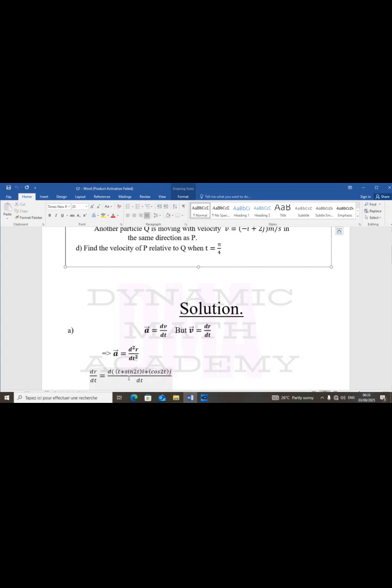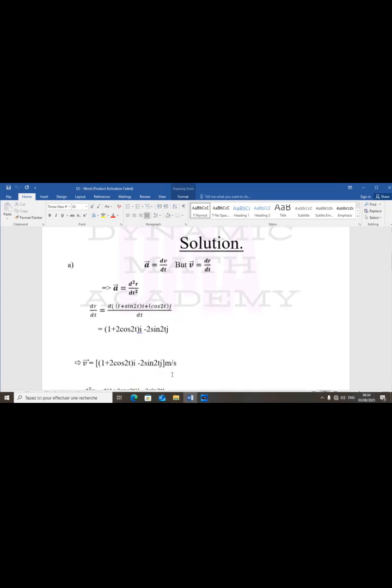If we differentiate the i component, we're going to have 1 plus 2 cos 2t, because if we differentiate t with respect to time, we have 1. And when we differentiate sin 2t, we have 2 cos 2t. Remember you multiply the function with the derivative of the angle. When you differentiate 2t, you have 2, and when you differentiate sine, you have cos. So that's why you have cos 2t in the i component.